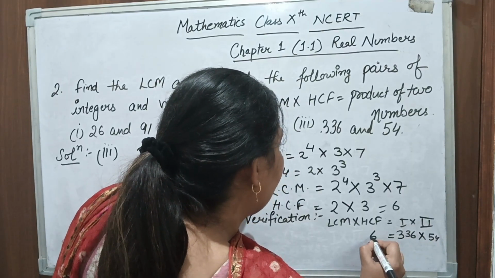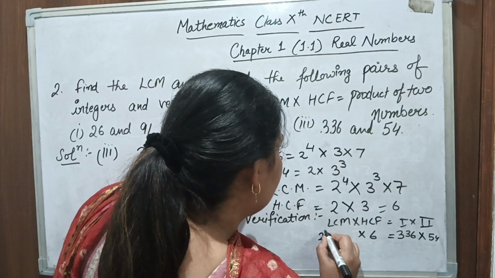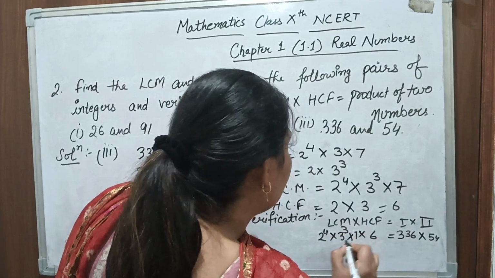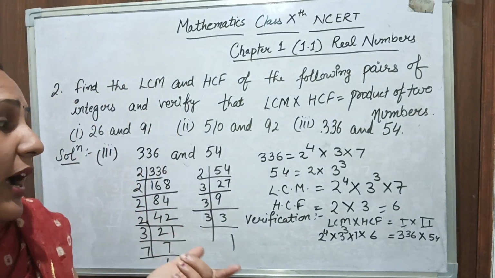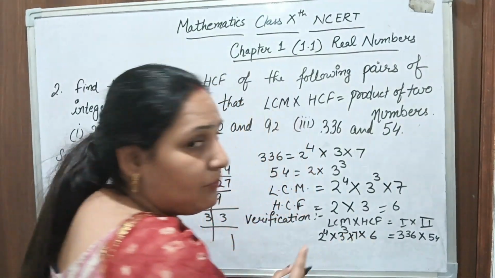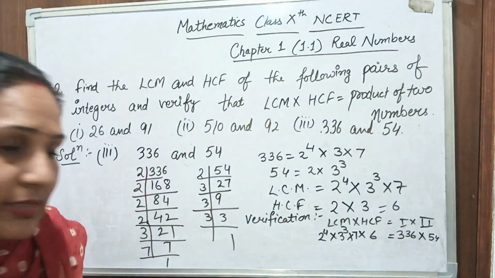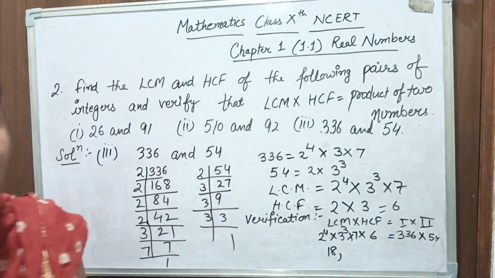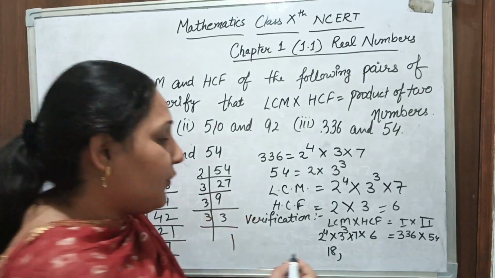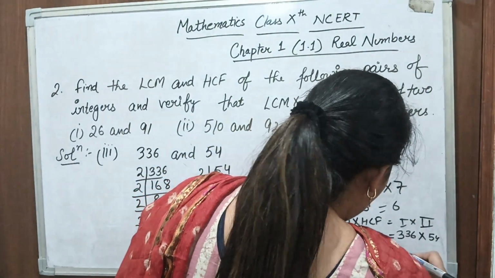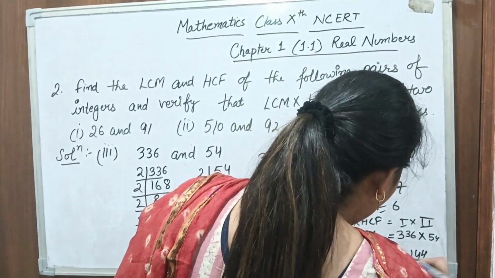Our HCF is 6 and our LCM is 2 raised to the power 4, 3 raised to the power 3 and 7. Now you have to multiply them and you will get your answer, 18,144. Hence our equation gets verified.